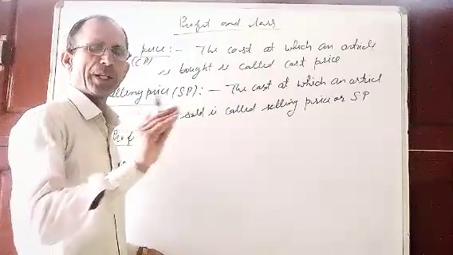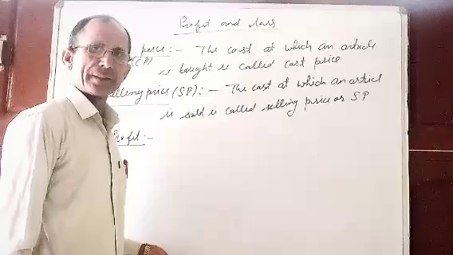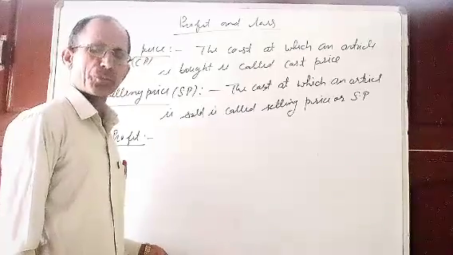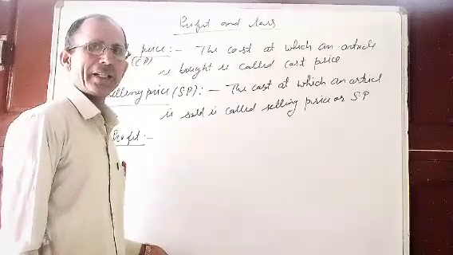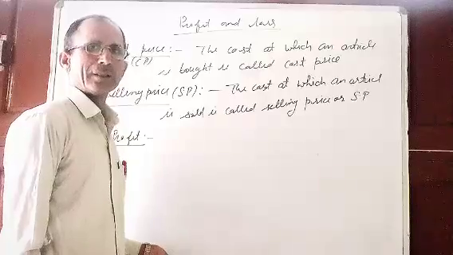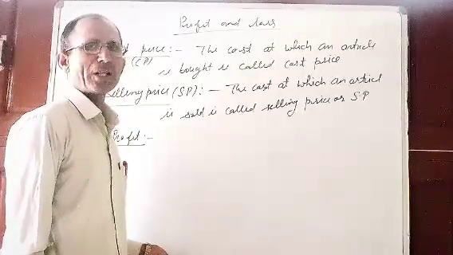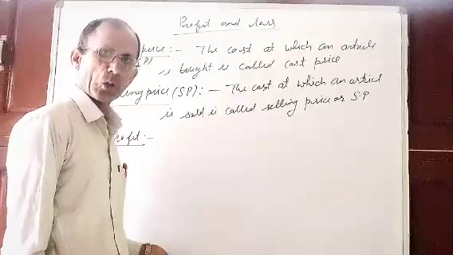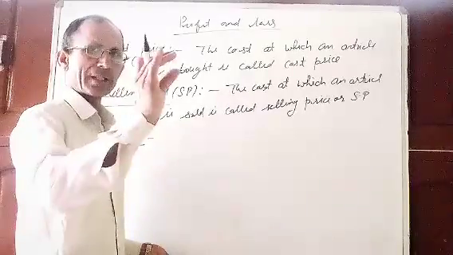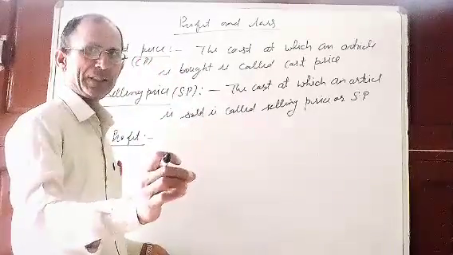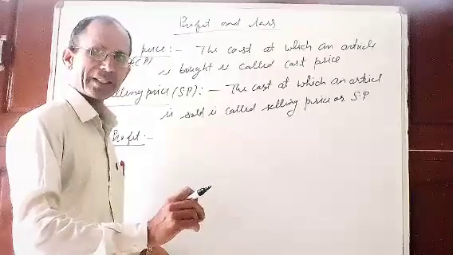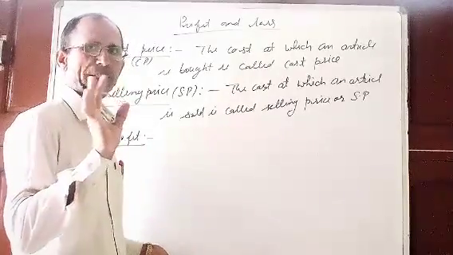The cost of the television was 14,000, and he sold it to the customer for 15,000. So he got 1,000 profit. It means if the selling price is more than the cost price, there will be profit.